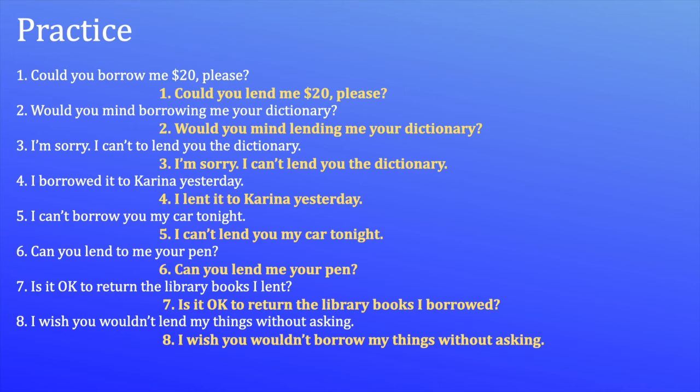Number six, can you lend me your pen? Number 7, is it okay to return the library books I borrowed? And number 8, I wish you wouldn't borrow my things without asking. So again, hopefully you can see the use of direct and indirect objects with these.